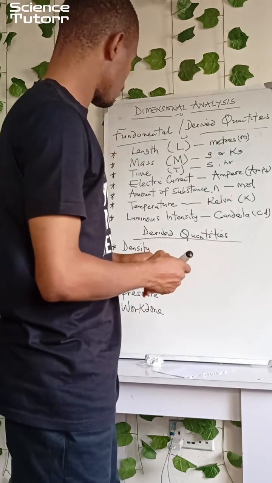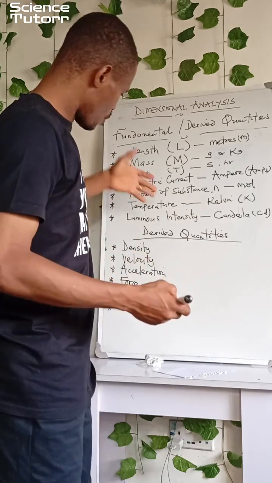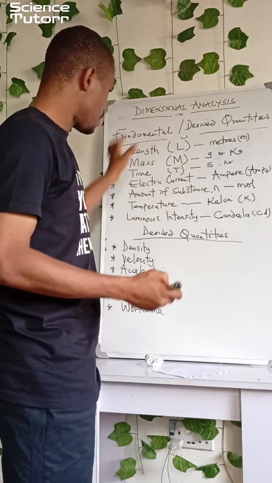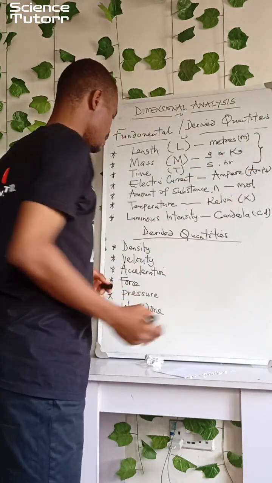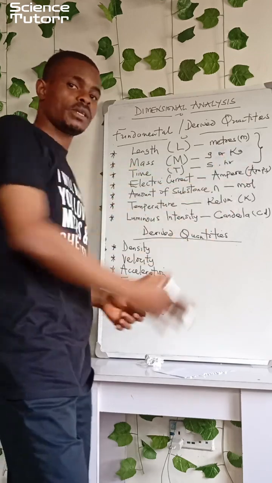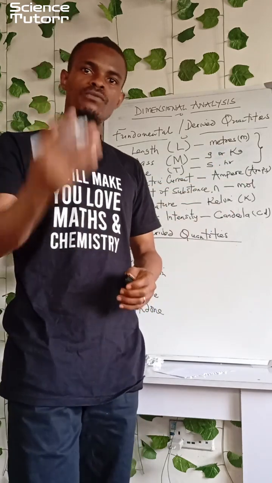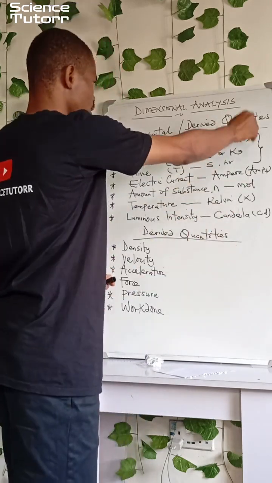All these are derived quantities. They are obtained from the fundamental quantities, especially the first 3: length, mass, and time. Others are also applicable in most derived quantities, but basically the LMT.